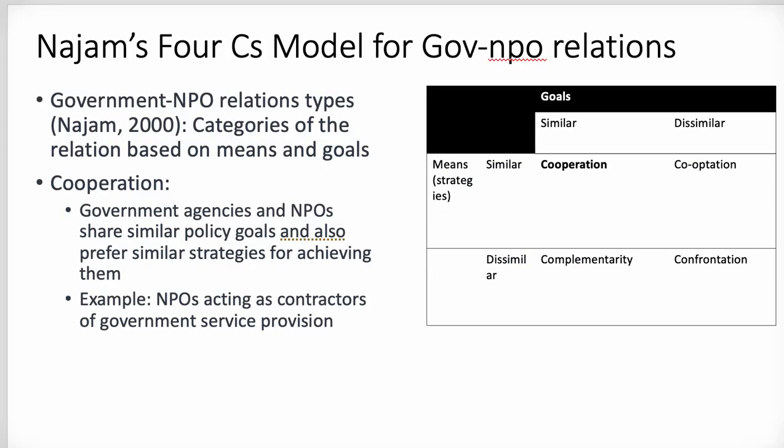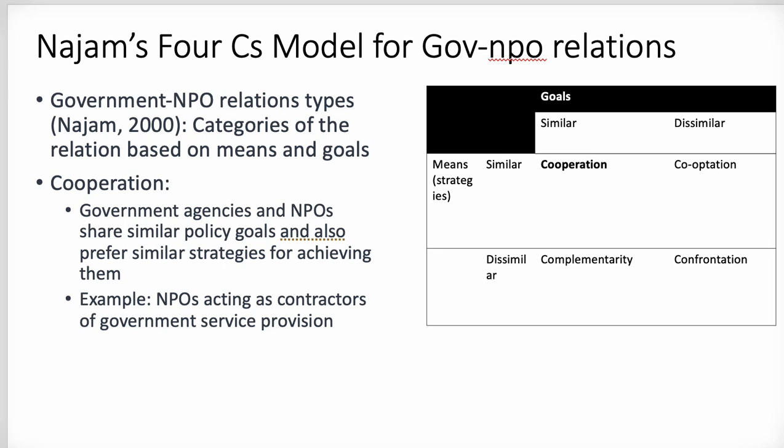So, according to Najam's 4Cs model, it explains different types of government and nonprofit relations. This model uses two criteria, including means and goals. Based on this, there are four different models.